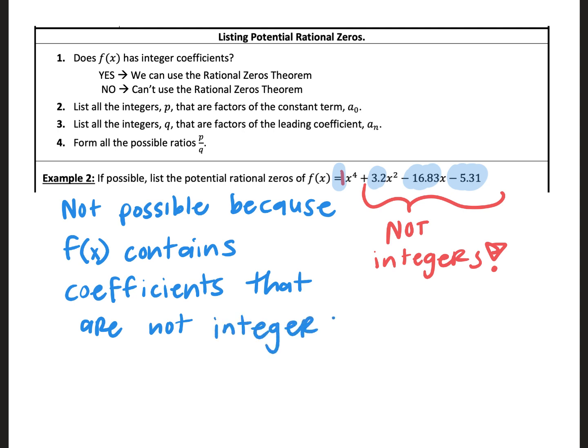Again, at that point, I stop. I can't use my rational zeros theorem, so we're done for this problem.